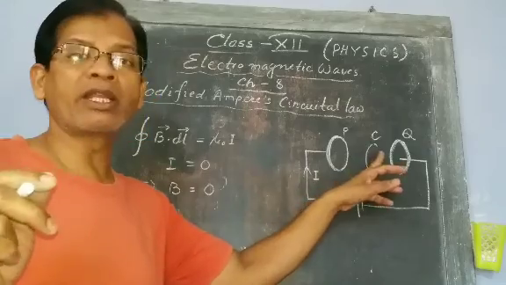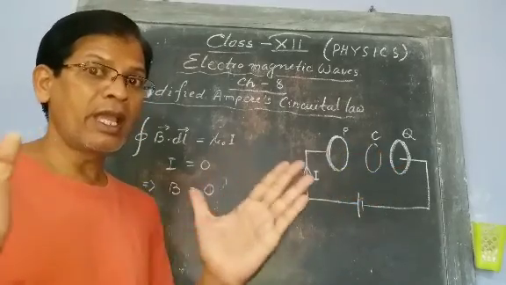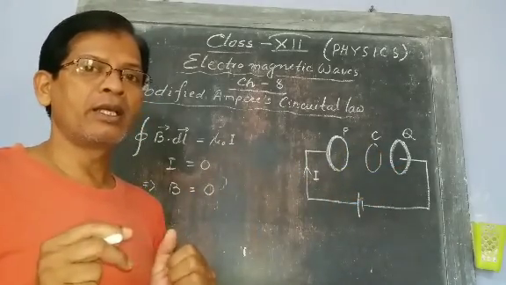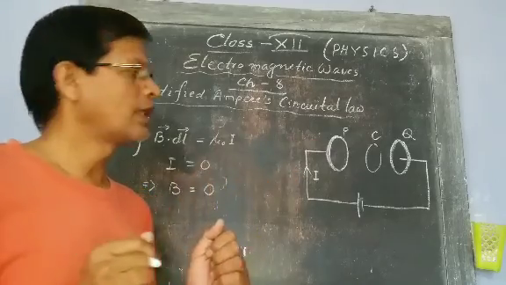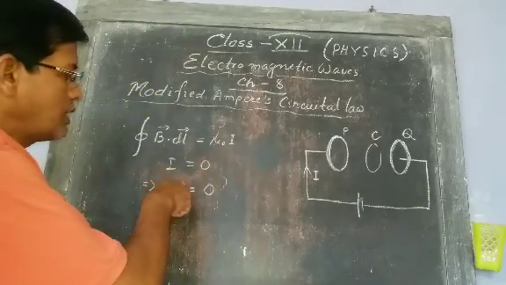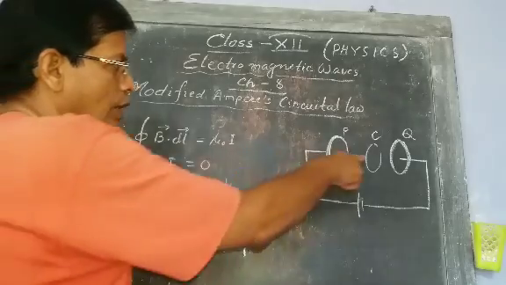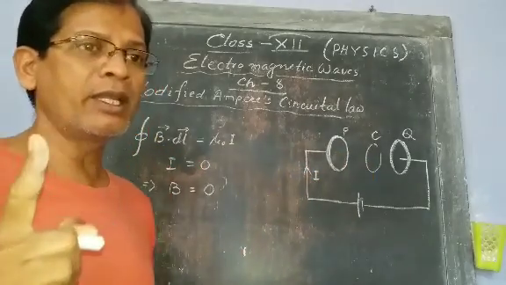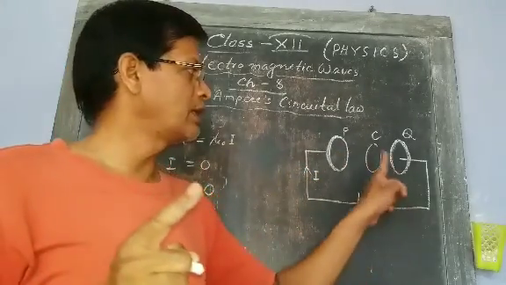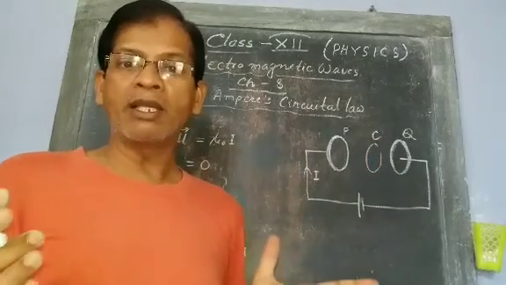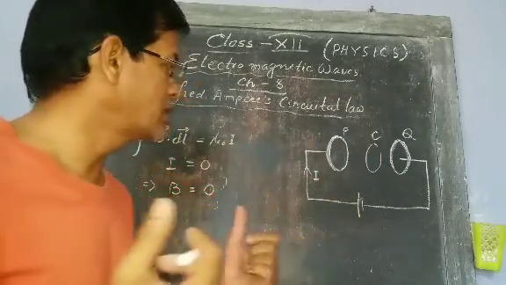That means there is a magnetic field. So there is an anomaly, an inconsistency.